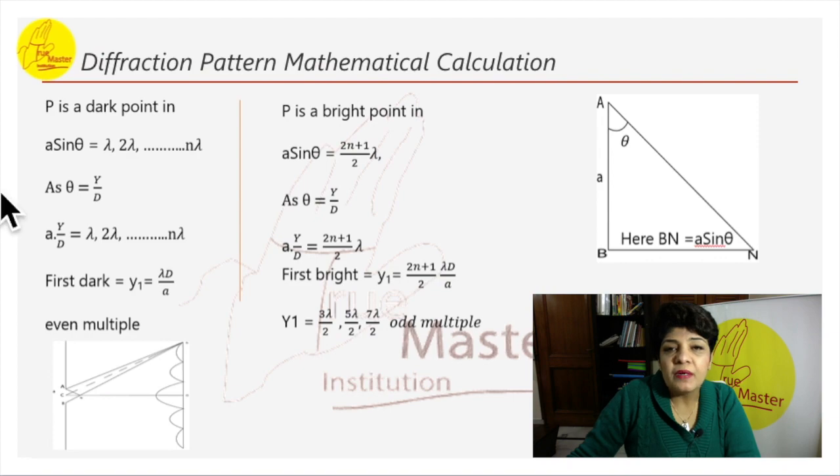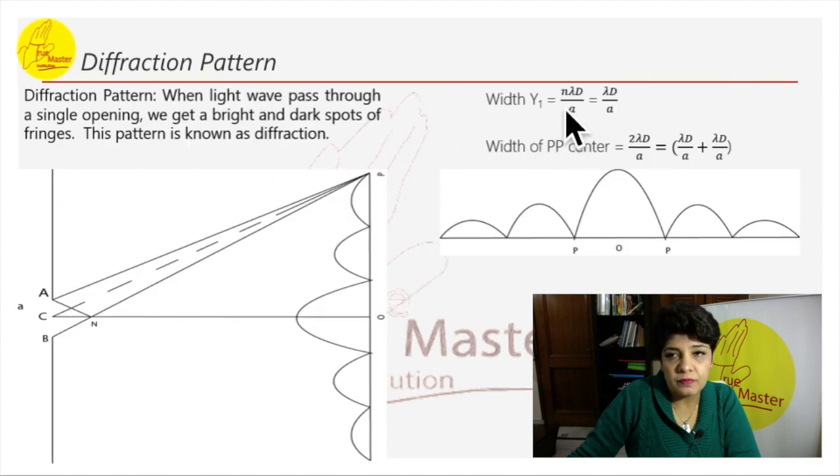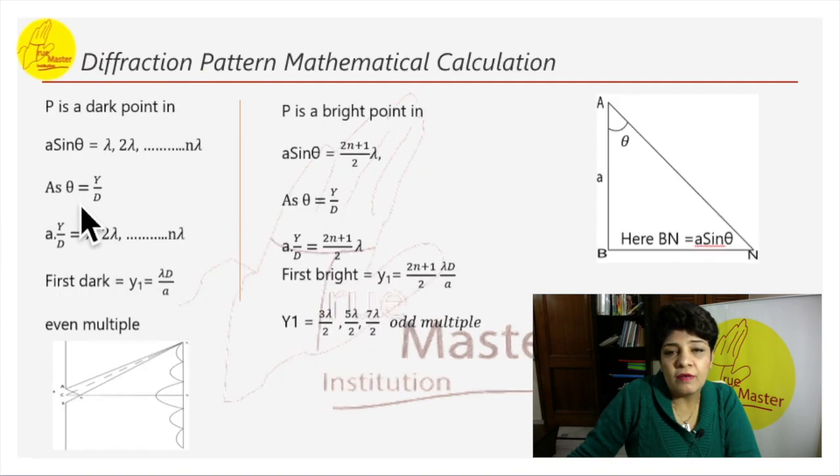So here a sin theta equals lambda, 2 lambda or n lambda. The value of theta is y by d. Where, what is y? The value of y is here. So theta is equal to y by d.